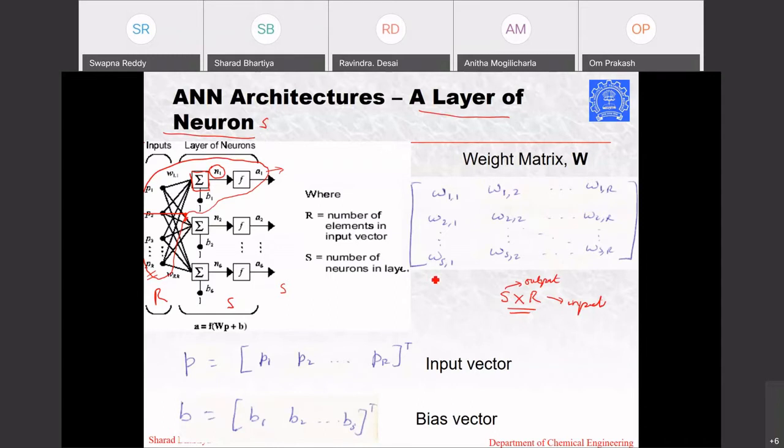So what did we do? We started with a biological understanding. We developed it into a mathematical understanding of a neuron with one input. Then we said neurons with multiple inputs. Then we said multiple neurons, like on this slide, and that gives us a layer of neurons.